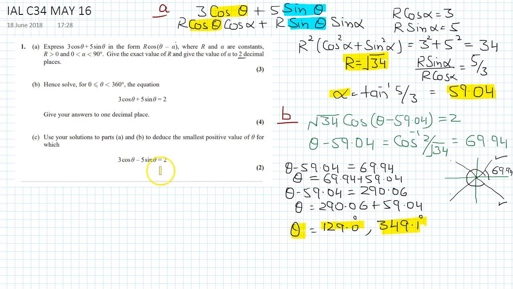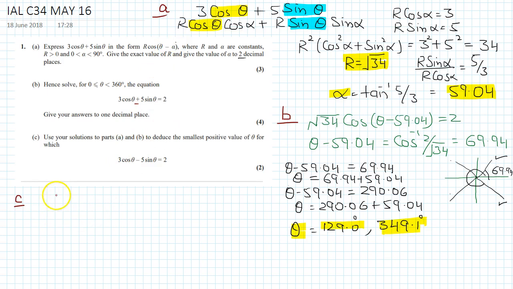That is part B. Now part C: use your solution to part A and B to deduce the smallest possible value of theta. Now you are finding this kind of question. This is positive and this is negative. So what you are supposed to do is just change the sign here.